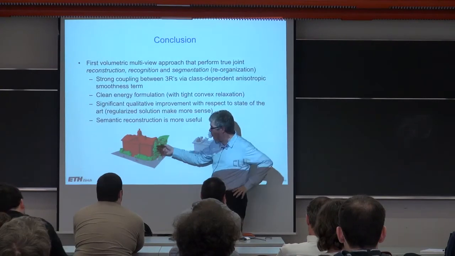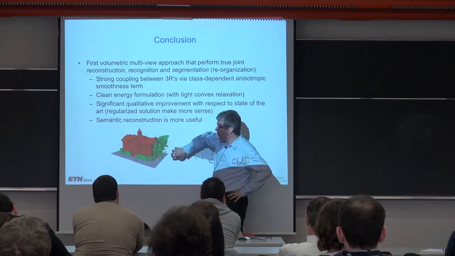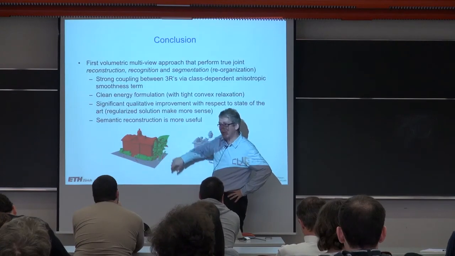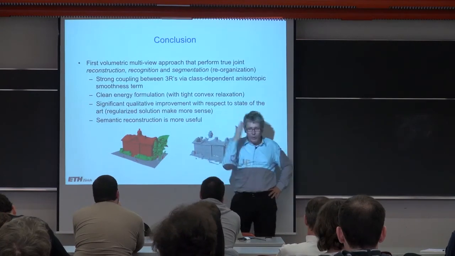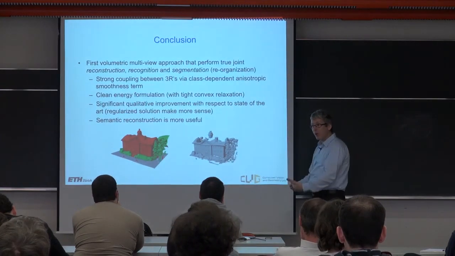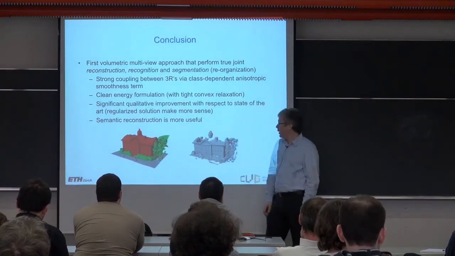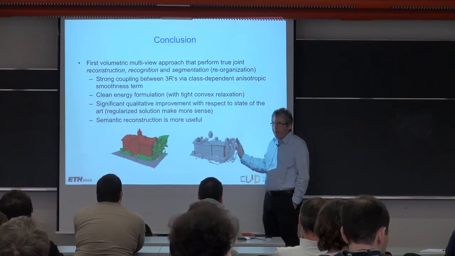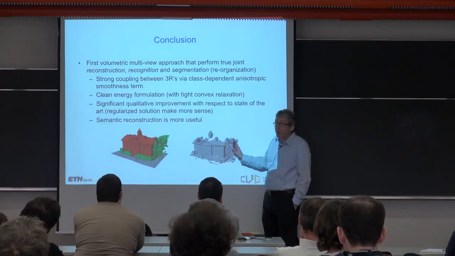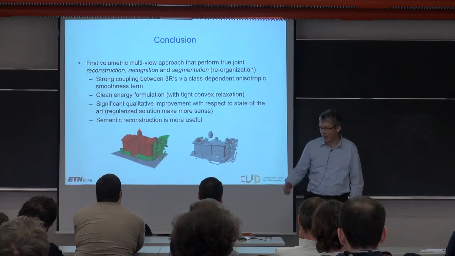Actually, something that I cannot show here, I don't have the illustration material, but you can actually take away the tree here. You will actually have a proper wall surface that has the right priors behind it, that is a flat wall behind it. This is automatic here, right? Which, of course, here is just unthinkable. You cannot even start thinking how you could do that here. Okay, so that's what I had for today.